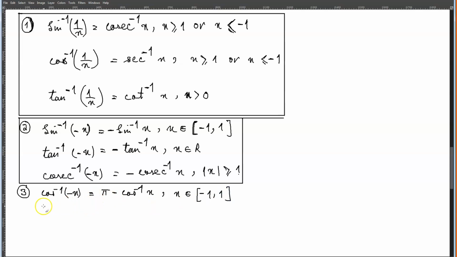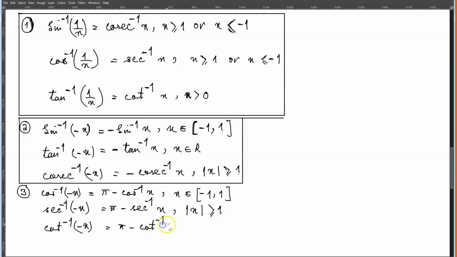And we said that the secant inverse of negative x is equal to pi minus secant inverse of x for the absolute value of x greater than or equal to 1. And we said that the cot inverse of negative x is equal to pi minus cot inverse of x for x belonging to R. Right? So that is the third.